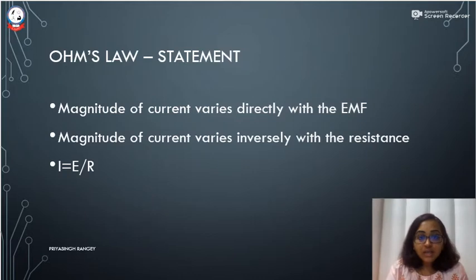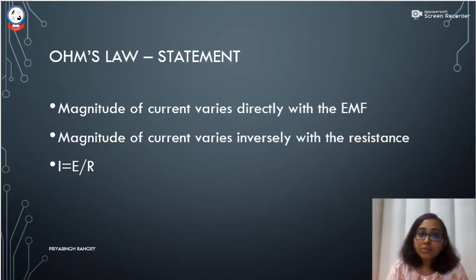The Ohm's law states that the magnitude of current is going to vary directly with the electromotive force or the EMF, and it is going to vary inversely with the resistance of the conductor. So in simple terms, if I want to denote this in the form of an equation, I can say that I, that is the intensity of current, will be equal to E, which is the EMF or the electromotive force, divided by R, which is the resistance of the conductor.